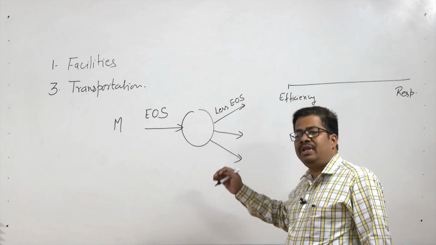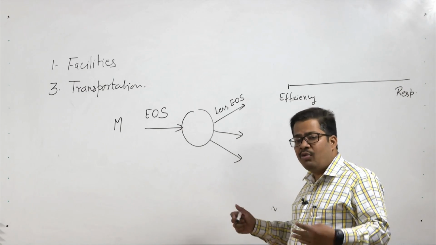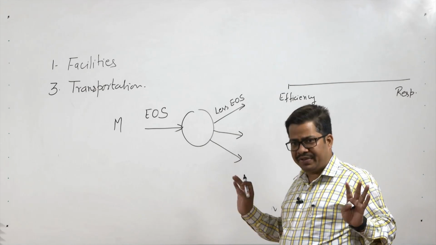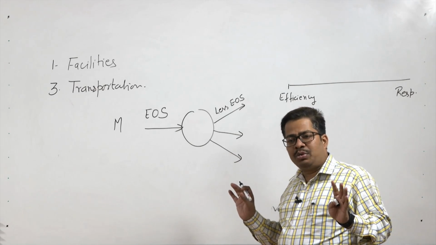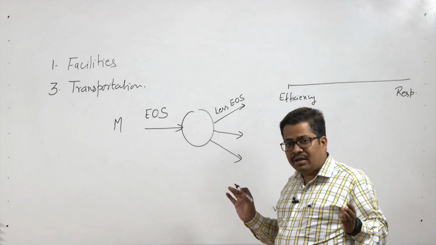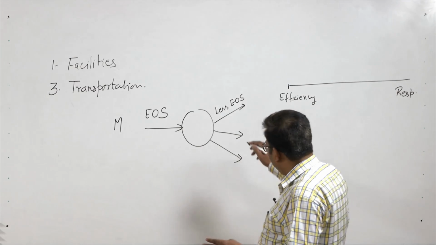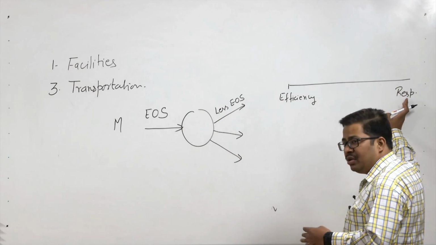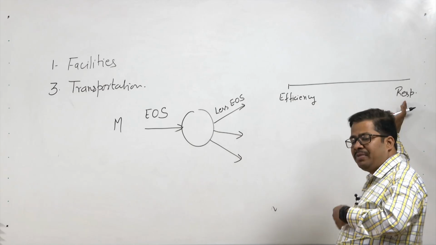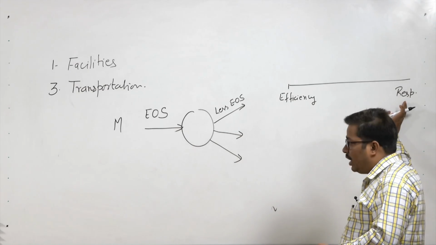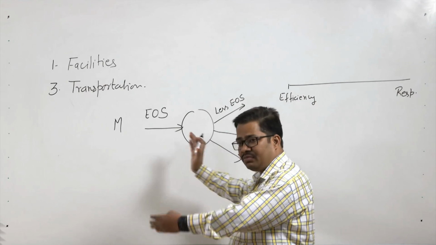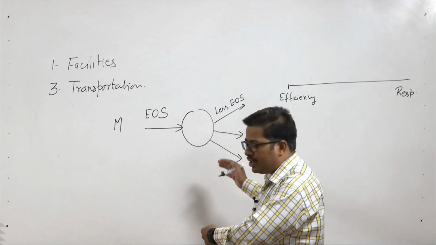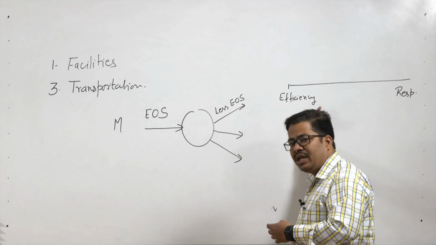And this is a very crucial issue: how far you are able to sacrifice your economies of scale. When you are sacrificing economies of scale, you are becoming more and more responsive. And when you are keeping economies of scale in your supply chain, even in the outbound transportation, you are remaining on the efficiency side.